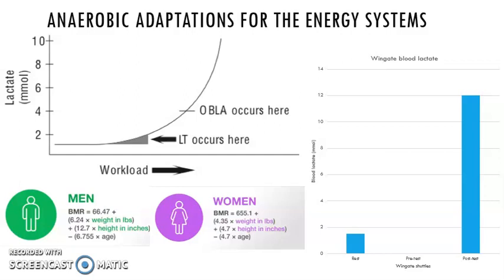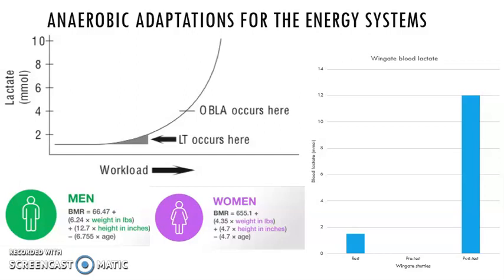Lastly, your basal metabolic rate is the number of calories that your body needs to keep you functioning at rest. To work out your BMR for a man, you would take 647 and divide it by 6.24 times your weight in pounds, then divide that by 12.7 times your height in inches, and then minus that from 6.755 times your age.